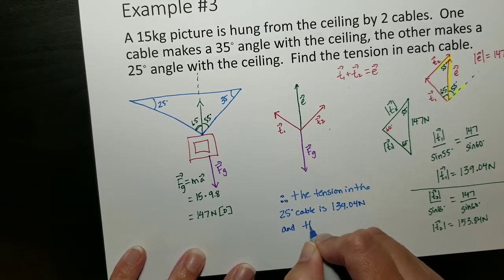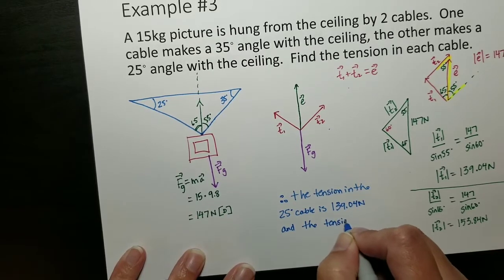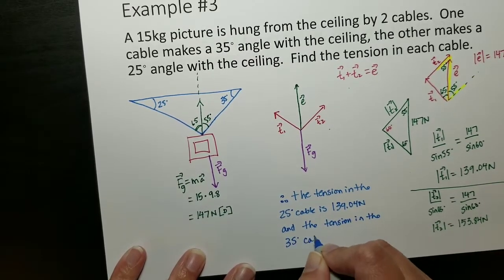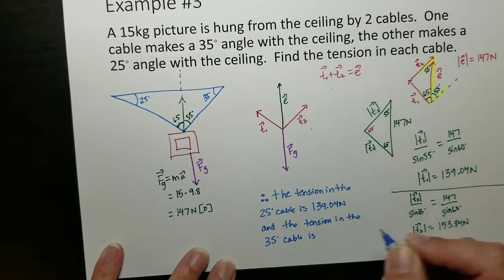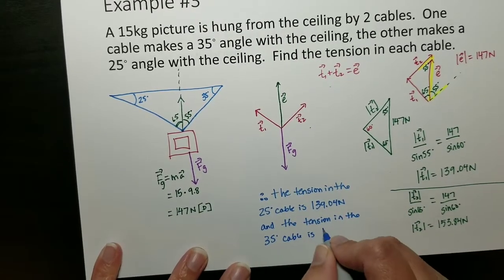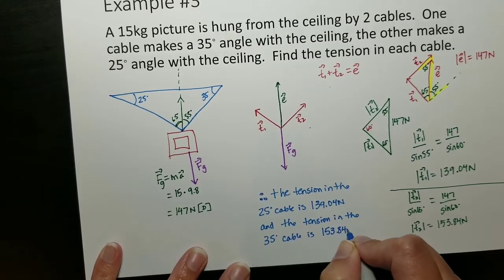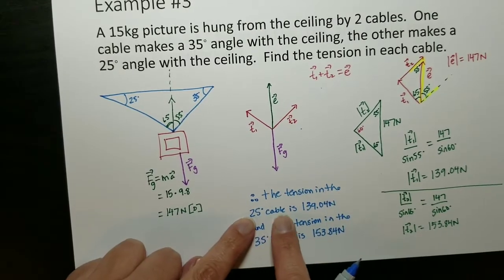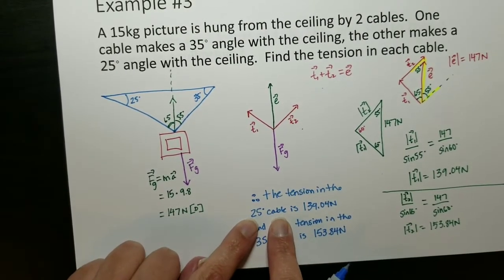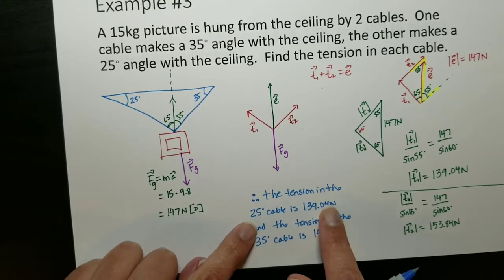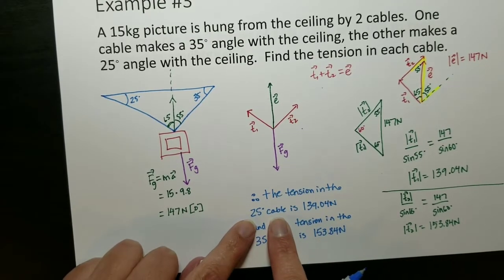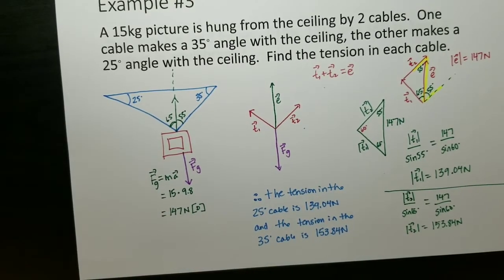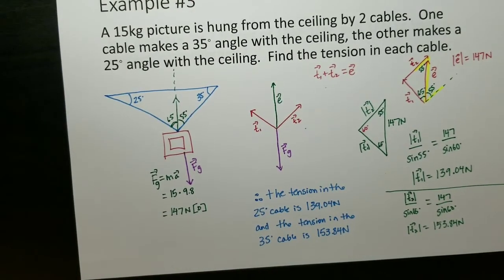And the tension in the 35 degree cable is 153.84. Both of those newtons. So this description, the tension in this cable, means that that is your direction. So I am giving a vector quantity of a magnitude and a direction. The direction is along this cable that's anchored at a 25 degree angle.